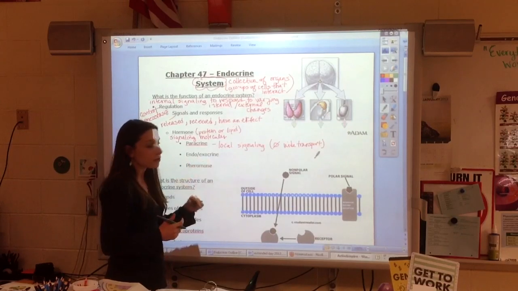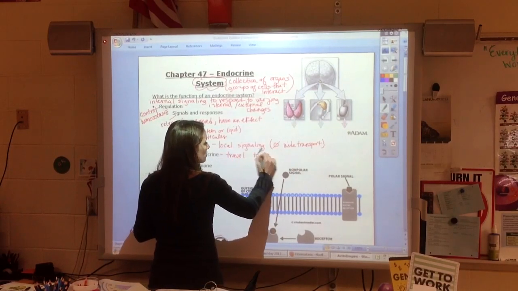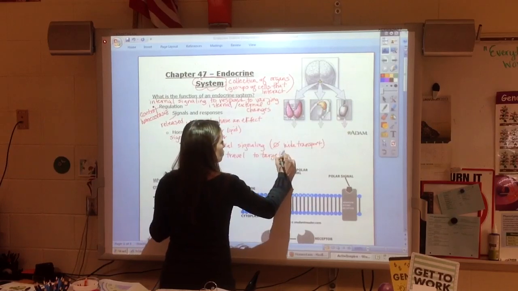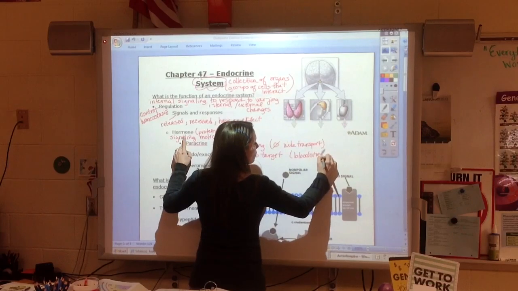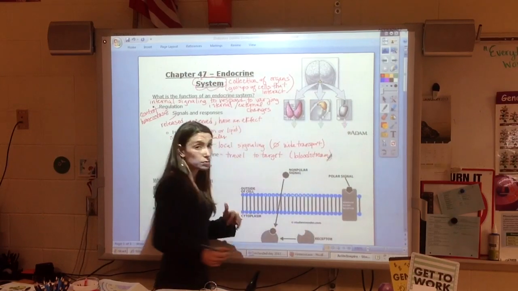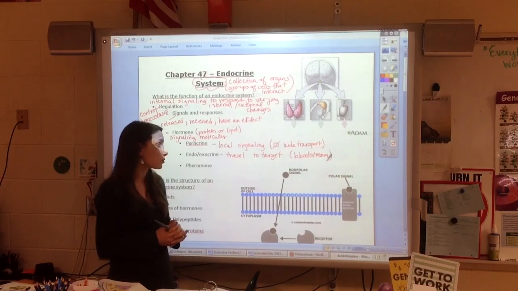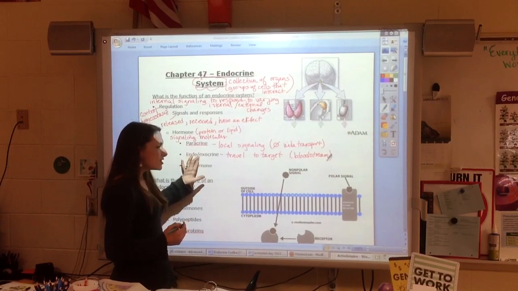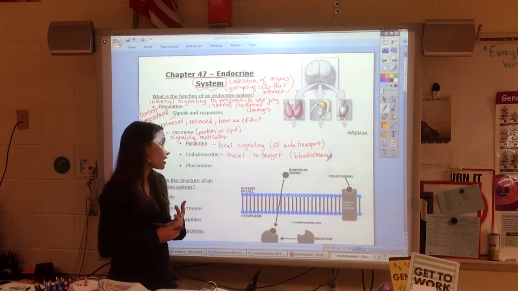Endo and exocrine, these are going to travel to their target, usually in the bloodstream. Now, plants will also use hormones. They don't have a bloodstream, but they do have a system of tubes that can transport through their bodies. Endo and exo, you don't necessarily need to know the big difference between them.